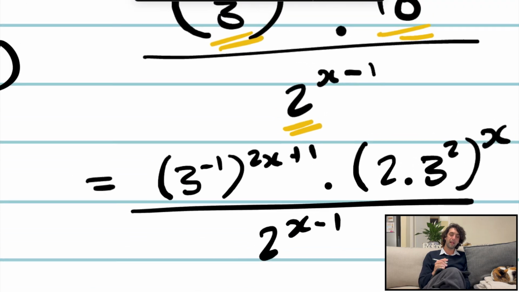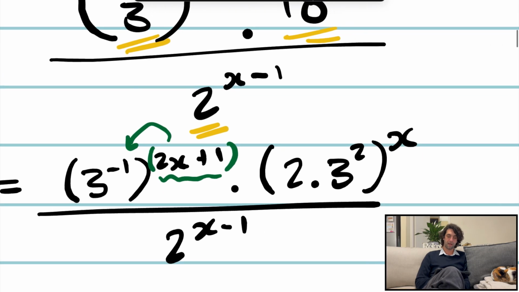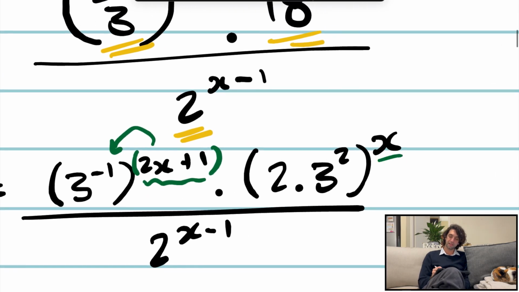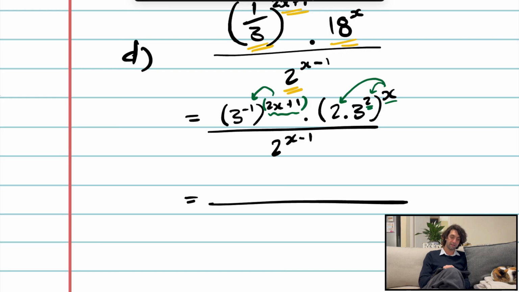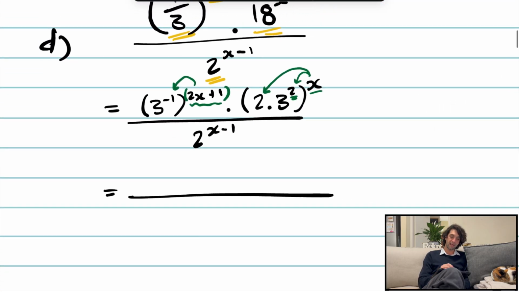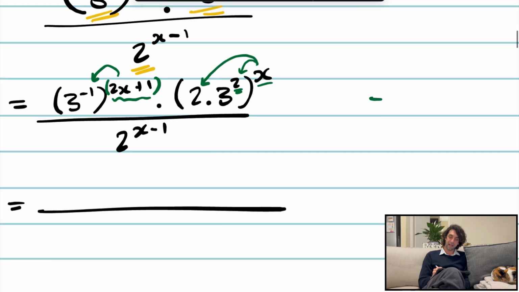Okay, let's multiply in. Now this 2x plus 1 is going to completely multiply with this negative 1. That's the first thing. This x is going to not only multiply with the 2 in the squared, but it's also going to multiply with the 2 over there. And this 2 to the power of x minus 1 is going to remain the same. So what does that look like? Have a look at this. This is negative 1 multiplied by 2x plus 1.